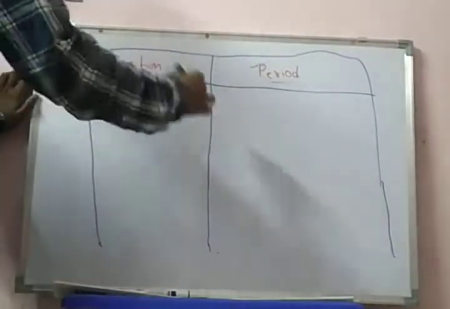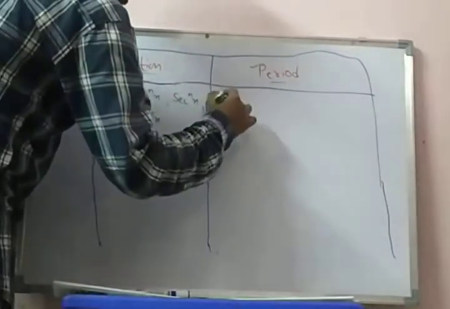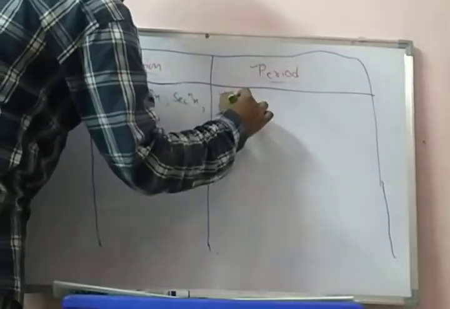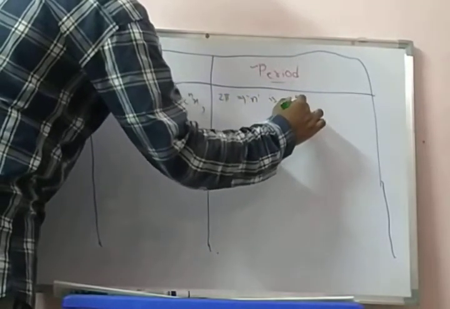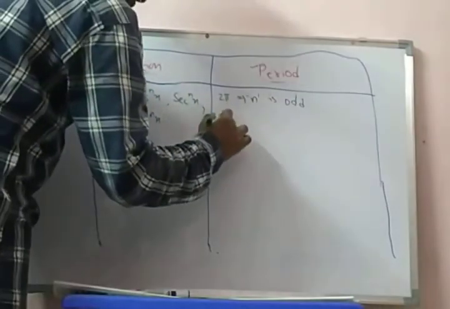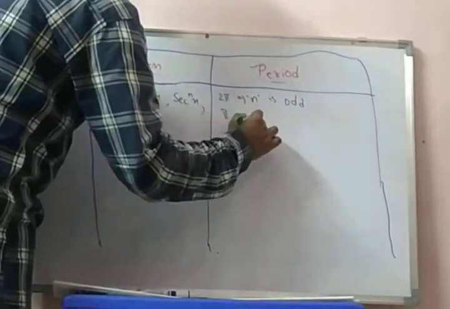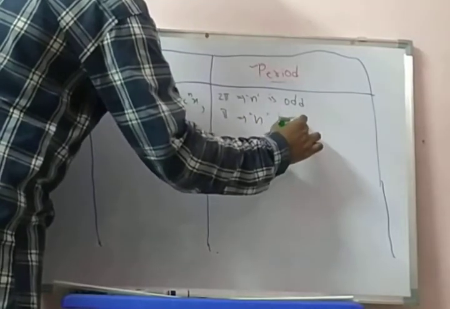For all of these the period is 2 pi if n is odd, and the period is pi if n is even.